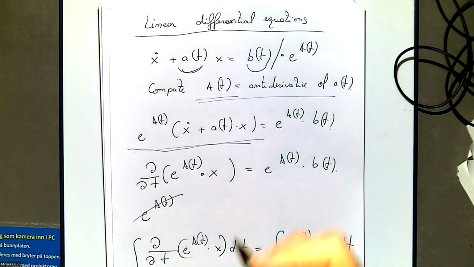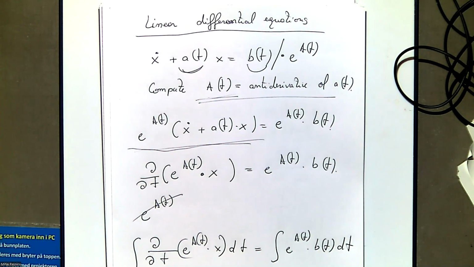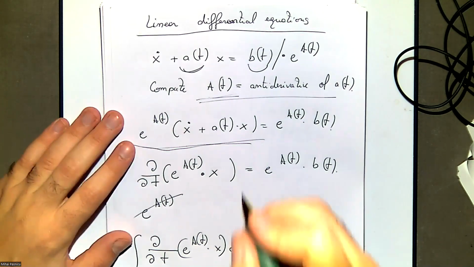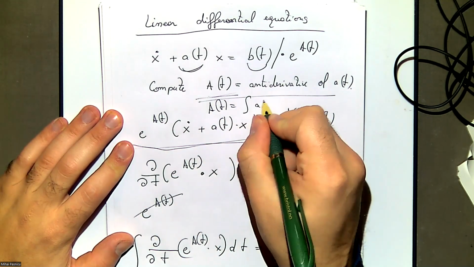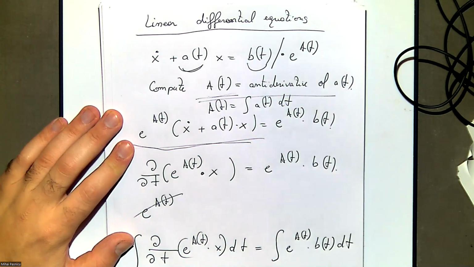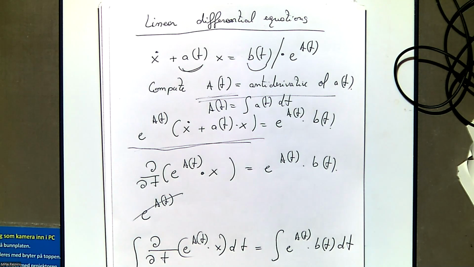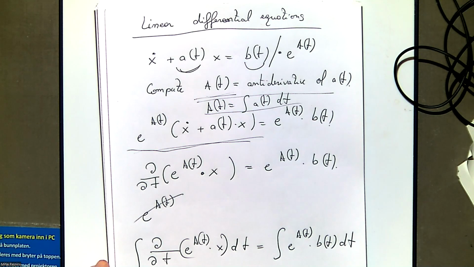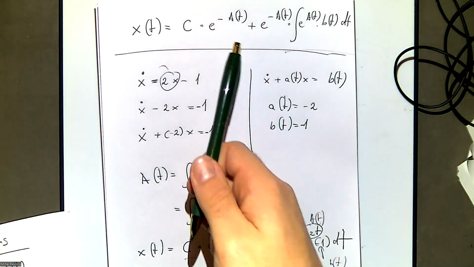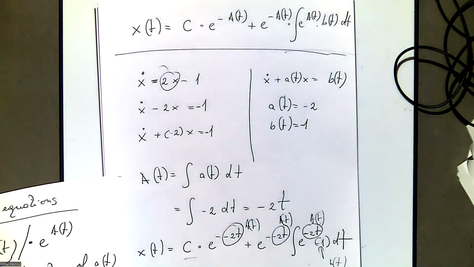Then you just have to compute A of t, which is the antiderivative of small a, so big A of t is the integral of a of t dt. After you've computed this, you just plug it in the formula.